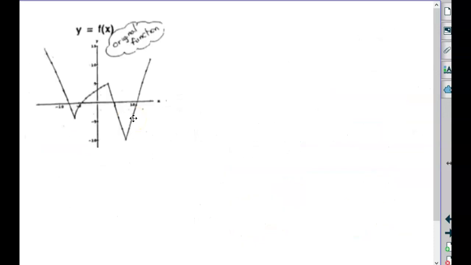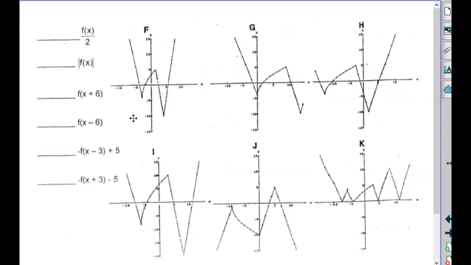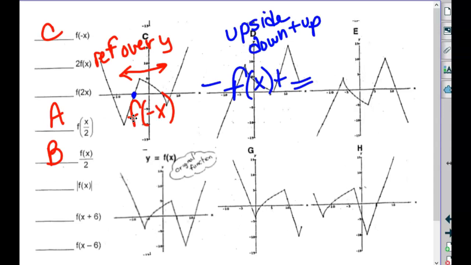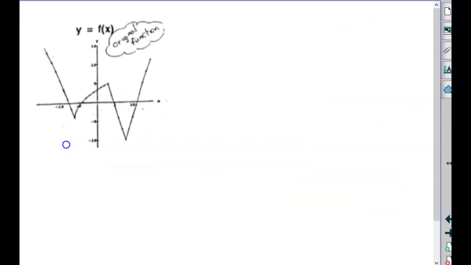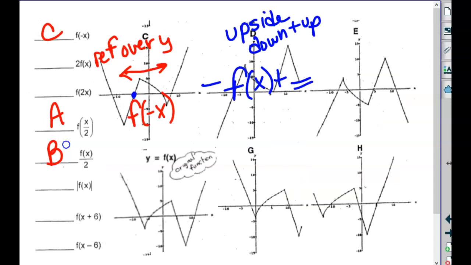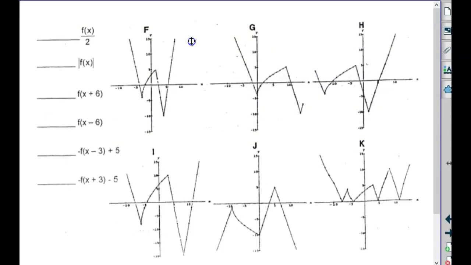I don't even know what page I'm on now. E. So I'm going to go with this one as E. Oh, that's because I'm looking at this one. Okay, this one is upside down, up and to the right. Okay, so we're going to go down here and go. This one is D. All right, I was looking at the wrong one.